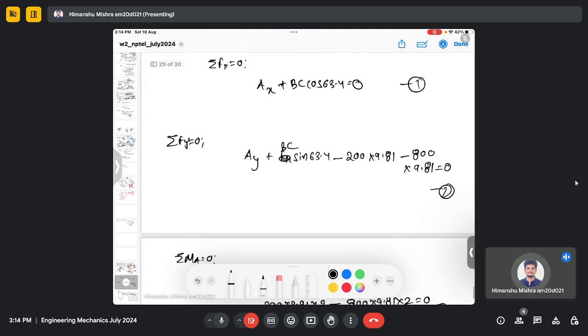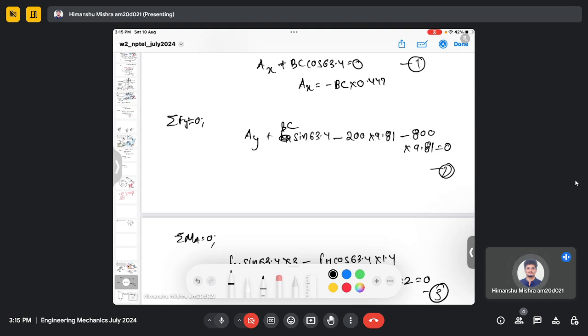So we can solve the equations one by one. The first equation will give AX equals minus BC multiplied by 0.447, and the second equation will give AY plus 0.894 BC minus 1962 minus 7848 equal to 0.